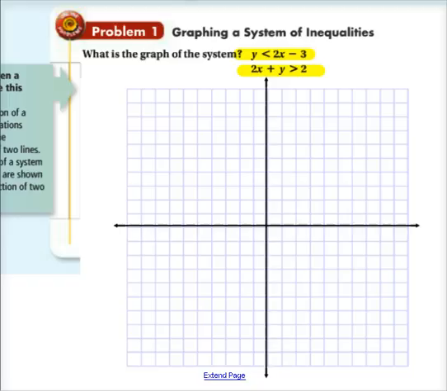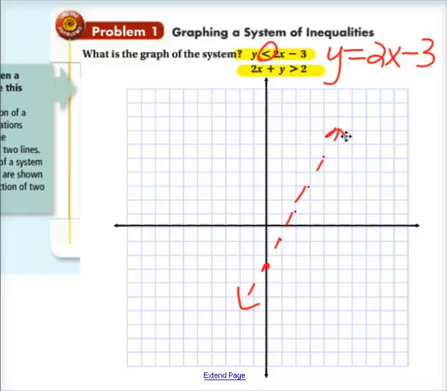So first I want to look at this as a linear equation. I'm going to make the less than sign an equal sign, 2x minus 3. If I graph that, I go minus 3 on the y-axis, slope of 2. And because it's a less than sign, I'm going to make a dashed line for my graph.